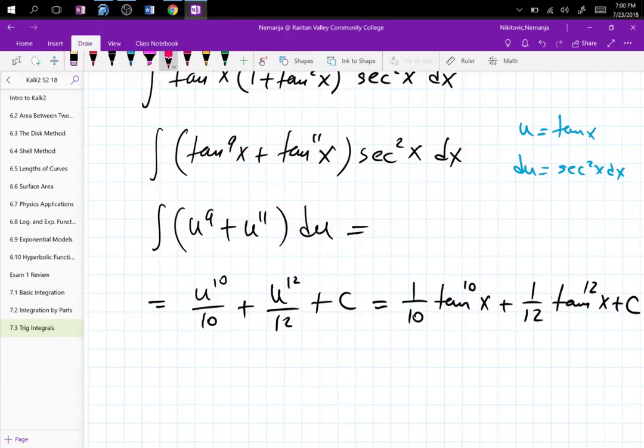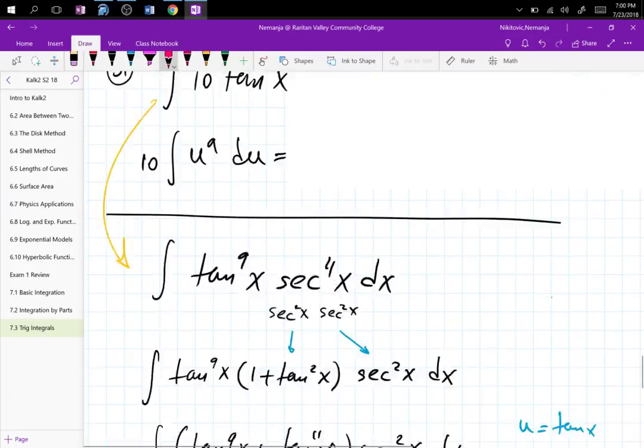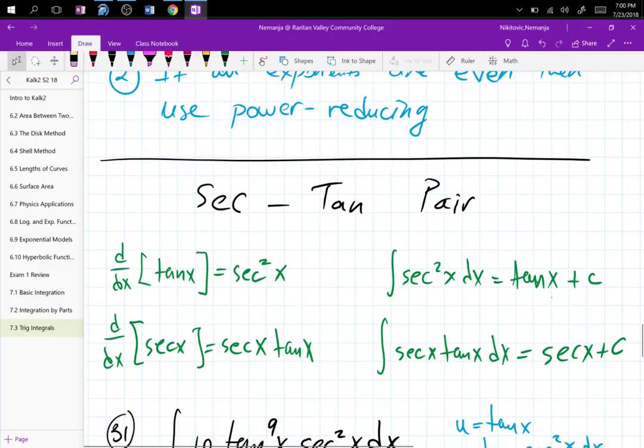As you can see, these answers are getting longer, right? That was the problem for even secants. What happens if the secants are odd? If secants are odd, then you better have another tangent floating about.